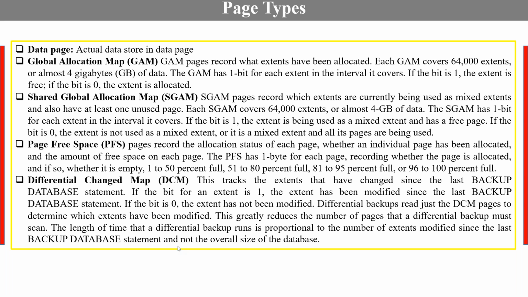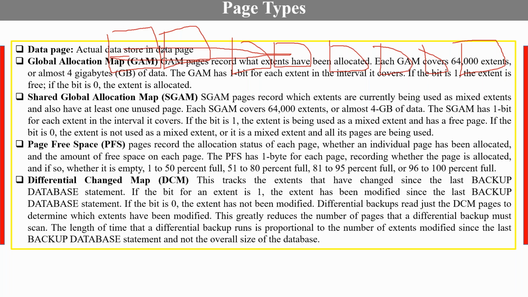For your understanding, say this is 8 extents. Out of these, 4 pages are consumed with data and 4 pages are still free, or 5 pages are consumed and 3 more pages are free.